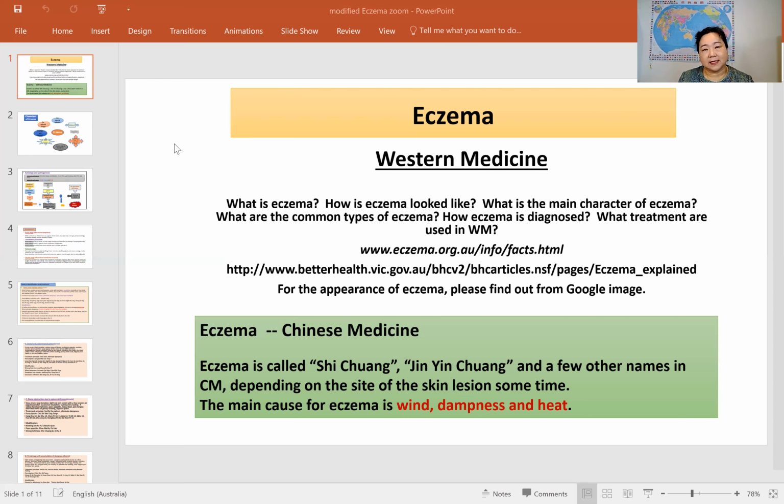Why do you have to study this? It gives you a basic understanding about eczema. If a patient comes to you and tells you, I have eczema, you should show your knowledge and understanding about it.